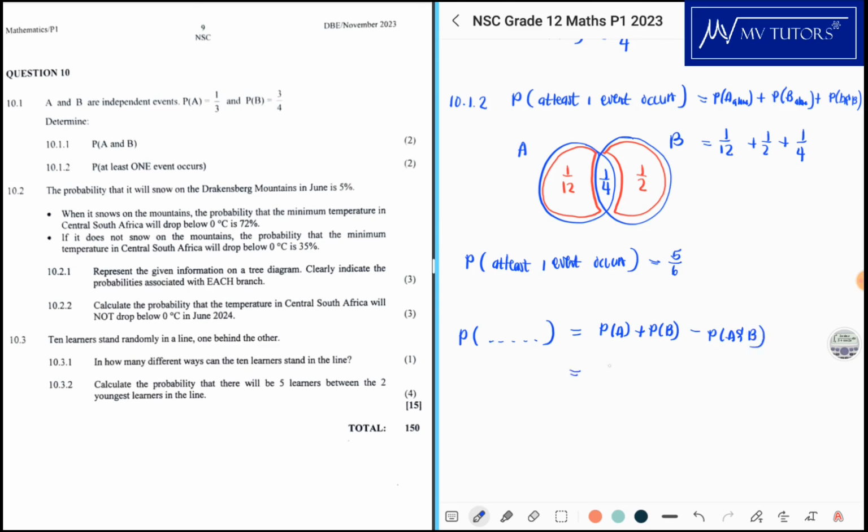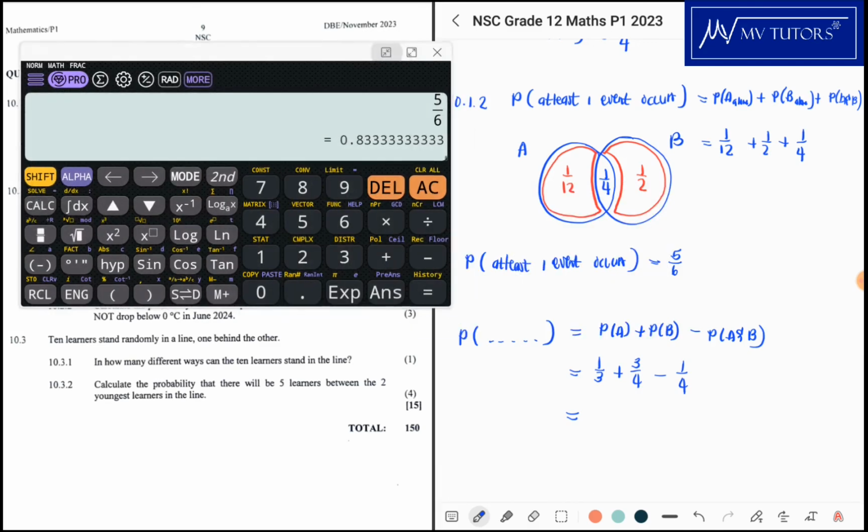So the probability of A is a third, B is 3 over 4, and the intersection is a quarter. If you work that out, you should get 5 over 6.